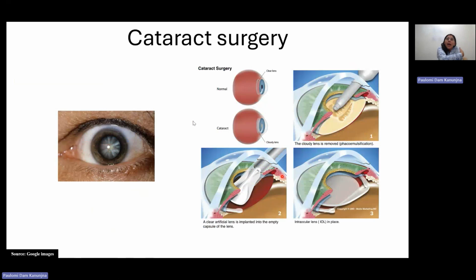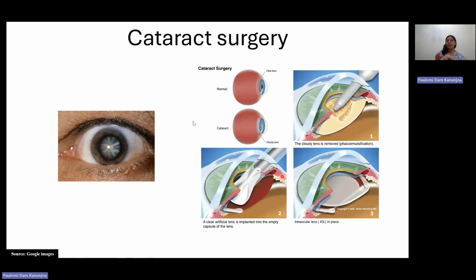So why do you have this clouding of the eye lenses? This could be because of aging, which is the most common factor, because we said that your lens is formed from crystalline proteins, which are arranged in a way that does not lead to protein aggregation.